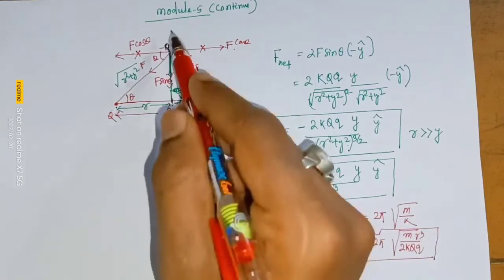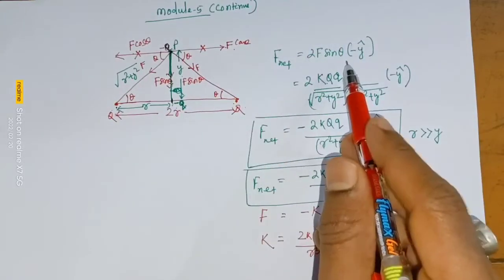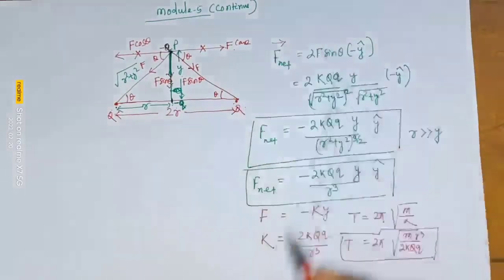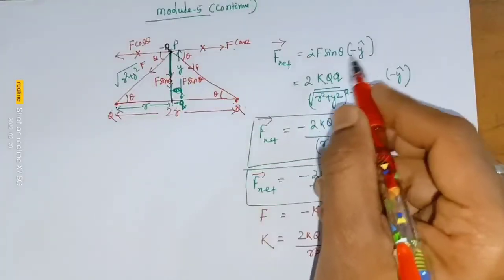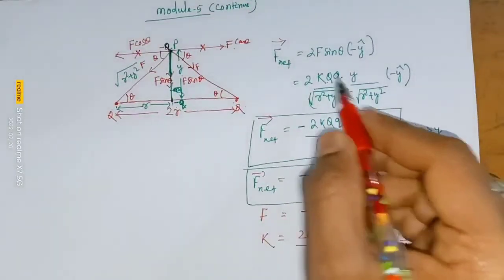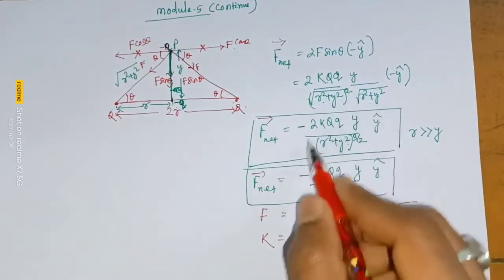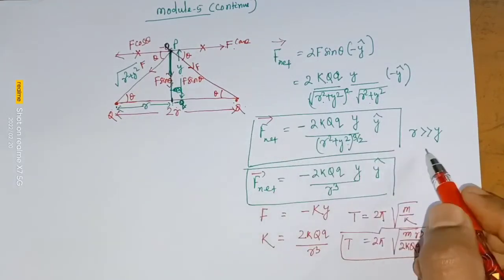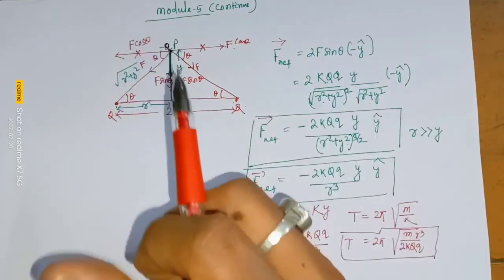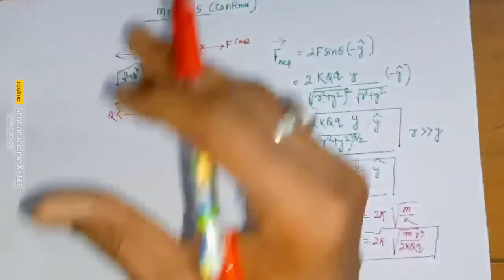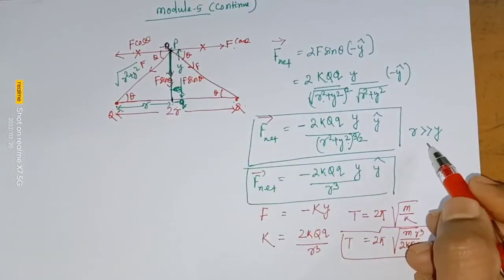So F sin theta due to this charge and F sin theta due to this charge give 2F sin theta. As we are writing it as a vector, we are being careful and writing everything with vectors: 2F sin theta minus y cap. Putting in the values and sin theta, we use the approximation that the displacement is small, not huge, so y can be ignored.